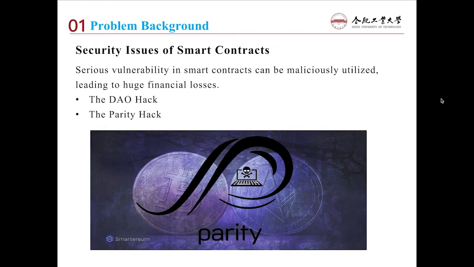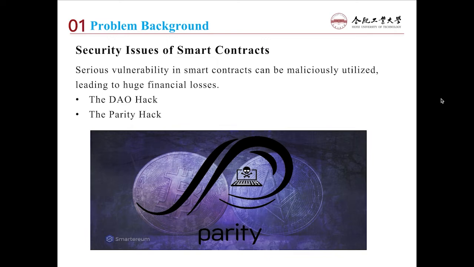In June 2016, a large crowdfunding organization deployed on Ethereum had $150 million worth of Ethereum digital currency stolen. In June 2017, Parity, a widely used digital wallet, was attacked, which directly resulted in a $30 million financial loss.